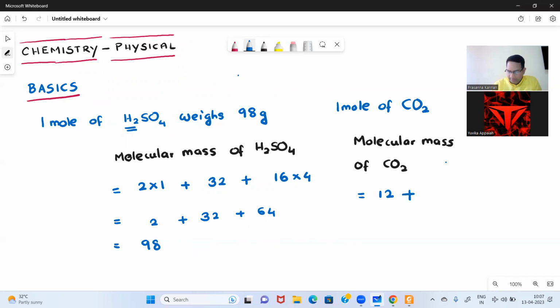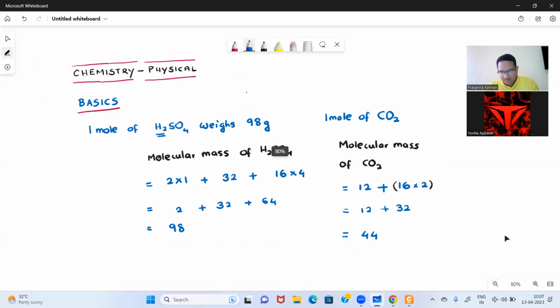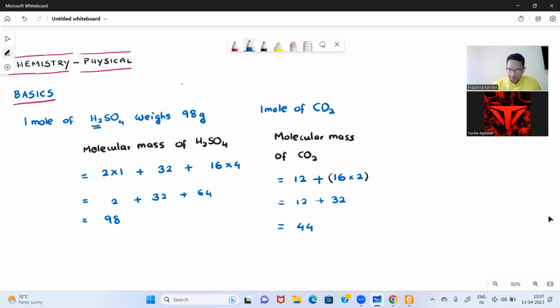Atomic mass of oxygen is 16, and 2 atoms are there. 16 into 2 would be 32, right? So the molecular mass of carbon dioxide is 44. So how much does 1 mole weigh? 44 grams. So this way, if you know the molecular formula, you can calculate the molecular mass.